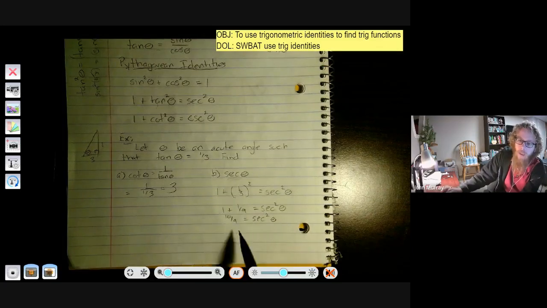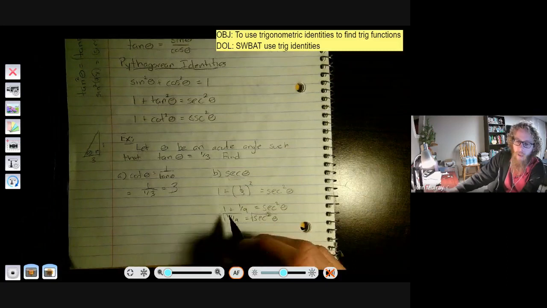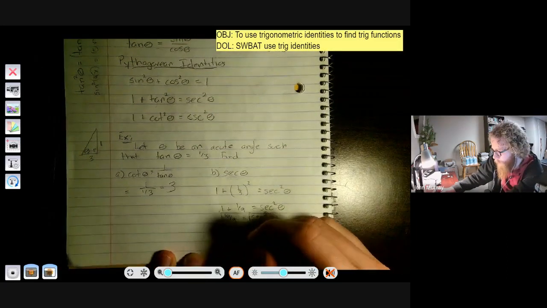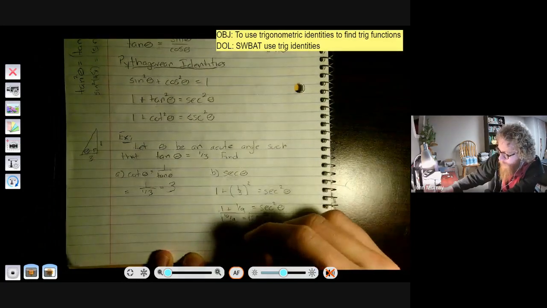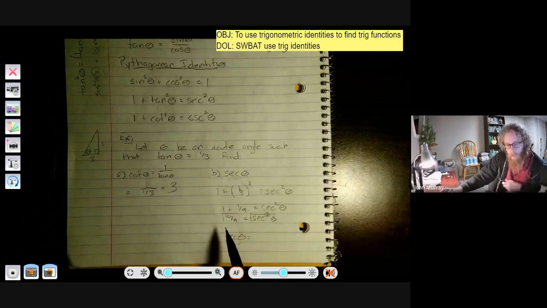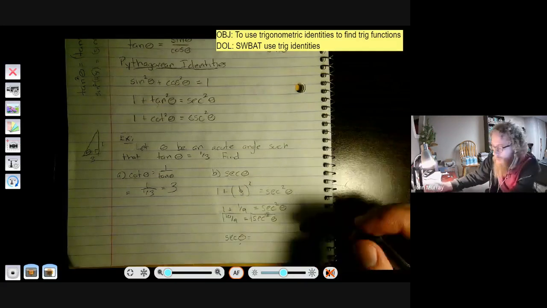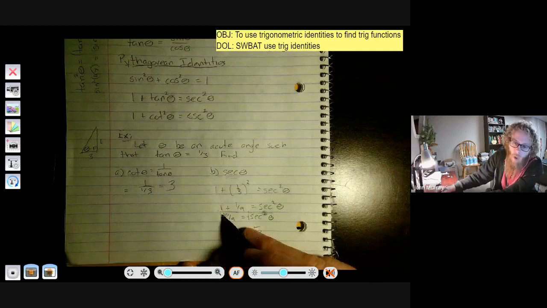I want to know what secant is, so to get rid of that squared, we're going to take the square root. Anytime we have a square root and a fraction, we can split it up between the numerator and the denominator. So the square root of 10 is just going to stay the square root of 10 because we can't do anything.